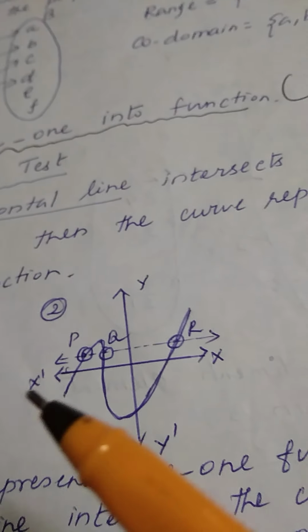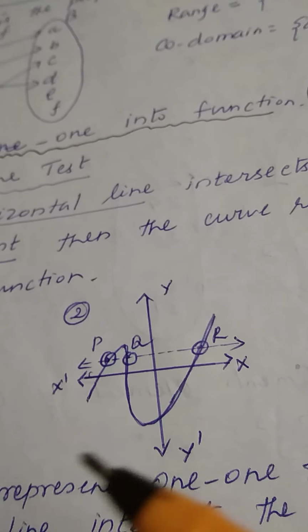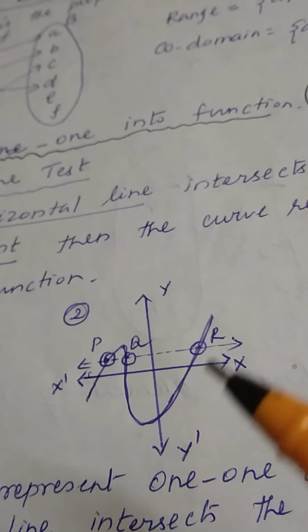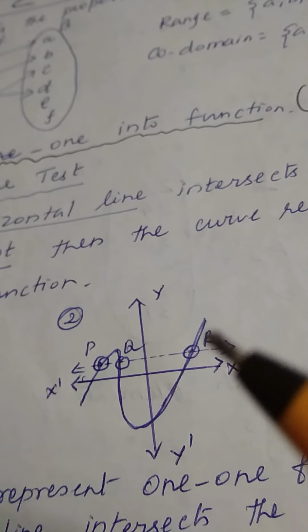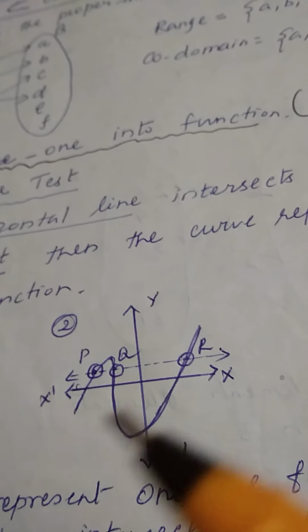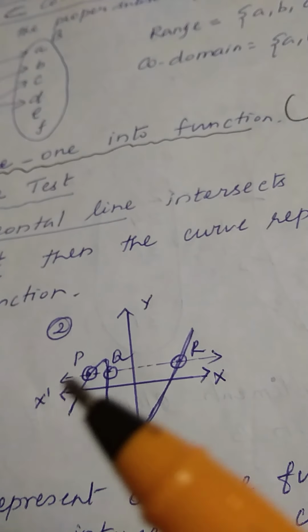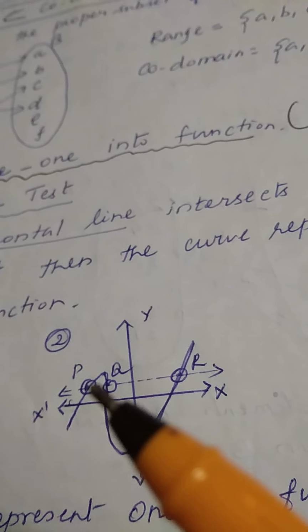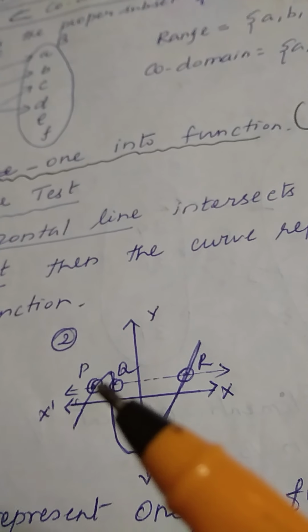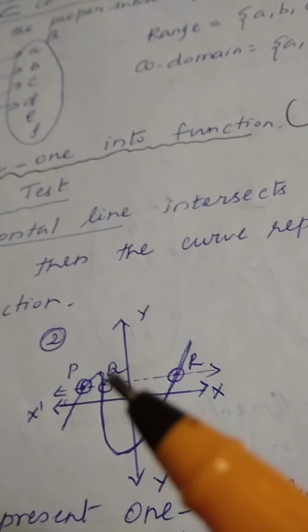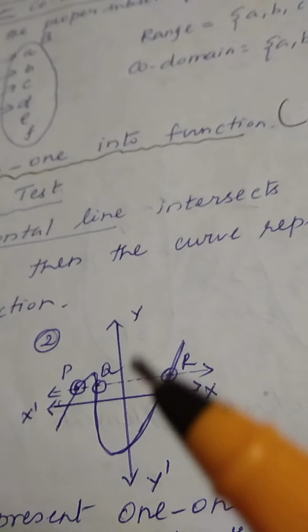this is a one-to-one function. Come to the second question: x-axis, y-axis, this curve is given. To check whether this curve represents a one-to-one function, draw the horizontal dotted line. Here the dotted line touches the curve at 3 points P, Q, R. Therefore, this is not a one-to-one function.